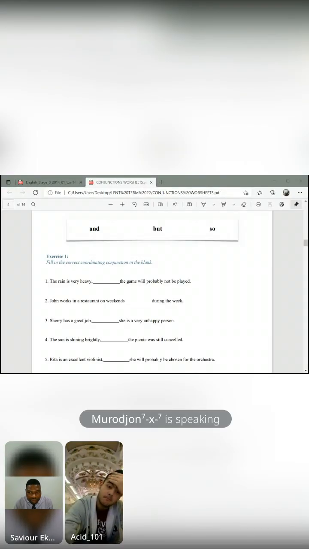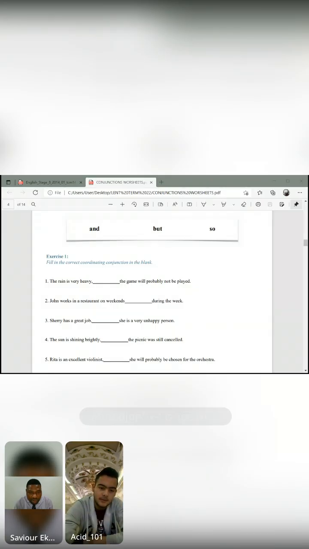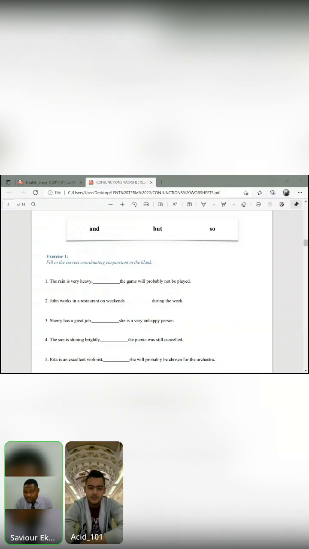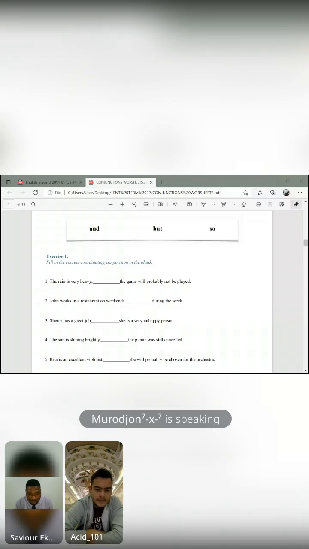The sun is shining highly, and the picnic is still. But the picnic was still cancelled. The answer is but. Okay, thank you. The sun is shining brightly, but the picnic was still cancelled.